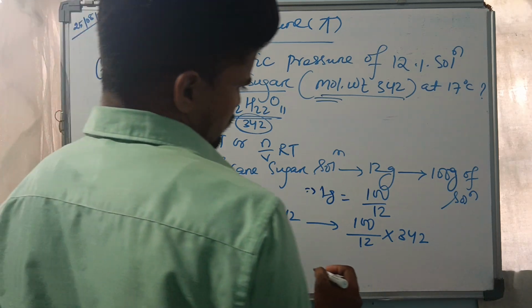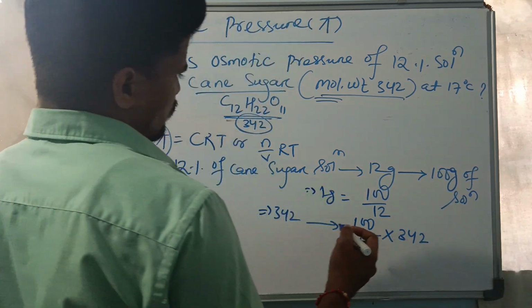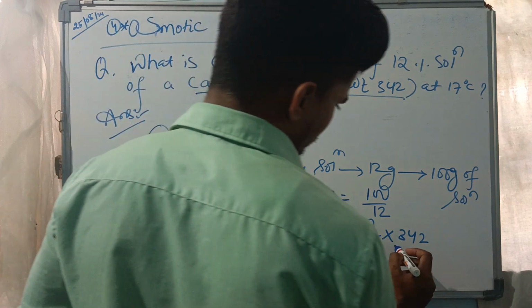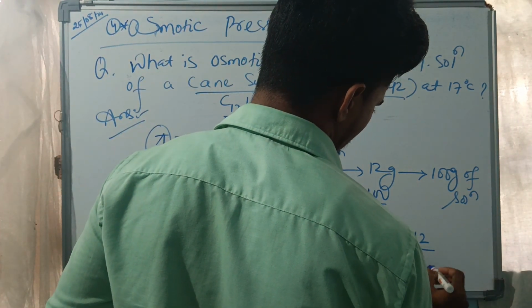Again, we need volume, so to convert we divide by 1000.